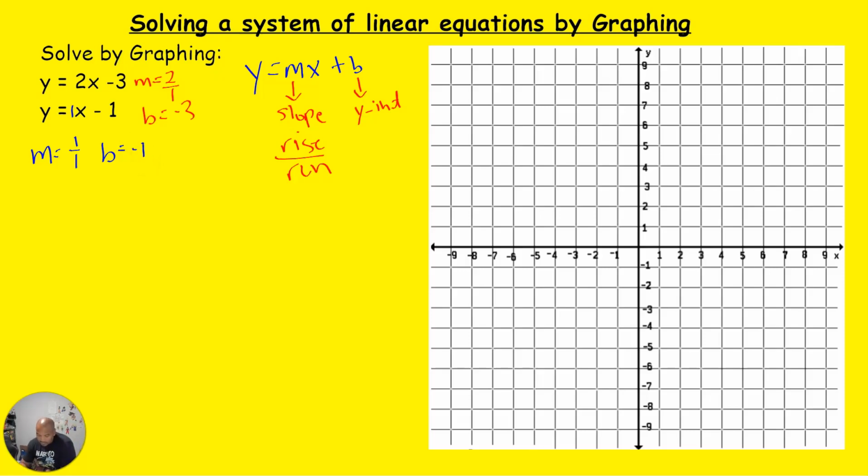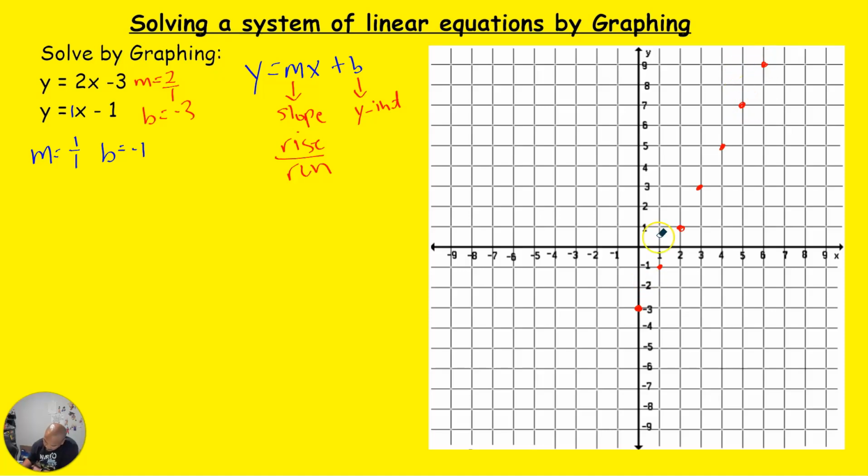Alright, so let's do the first line, which is y equals 2x minus 3. We're going to plot our y-intercept first, which is -3, and then apply our slope, which is up 2 over 1. So we go up 2 over 1, and keep repeating.